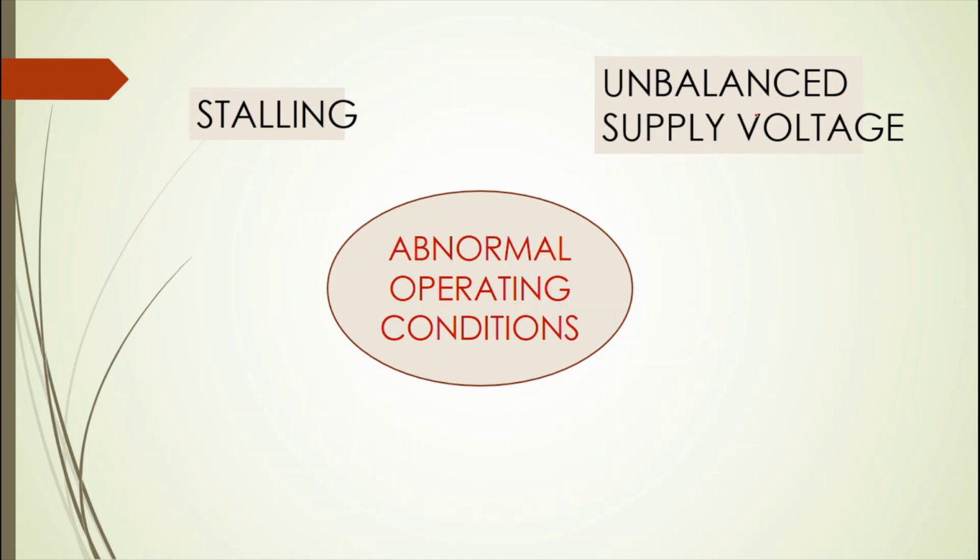Although the unbalanced supply voltage is not that harmful by itself, the negative sequence current produced as a result of it will cause many problems, like rotor heating and temperature increase, which may lead to insulation failure. Thus in case of unbalanced supply voltage the motor must be disconnected.